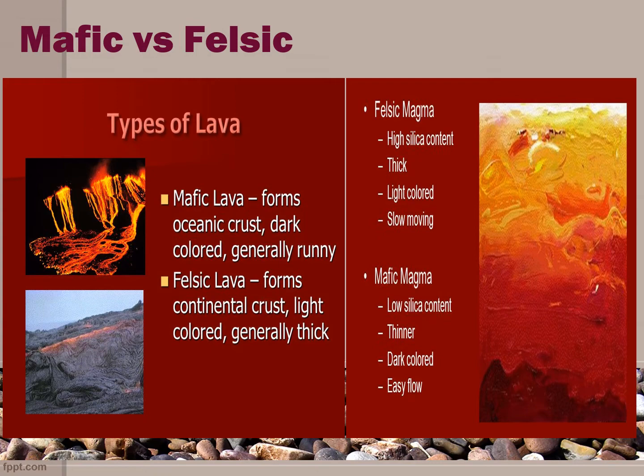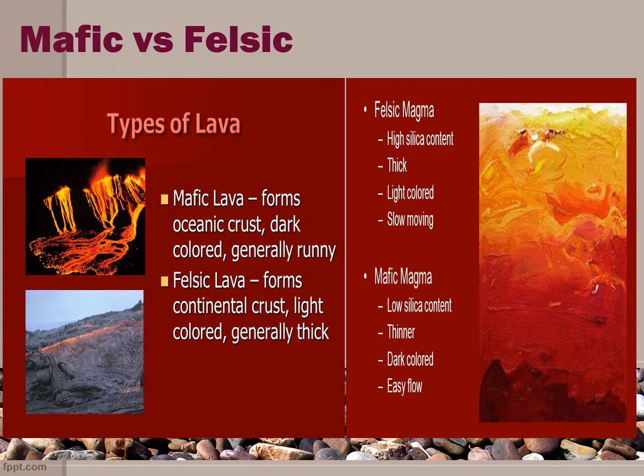Okay, so kapag ito'y natunaw, it's usually thick. Dahil marami ang silica content sa ating felsic magma, malapot ang ating magmang ito. And it's light in color and very slow moving. Malapot po kasi ang felsic magma, kaya po siya slow moving.